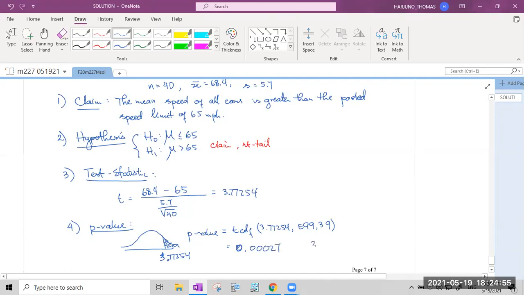On my calculator, I see 2.68 something times 10 to the negative 4. So I write it in decimal, okay? Not in scientific notation.